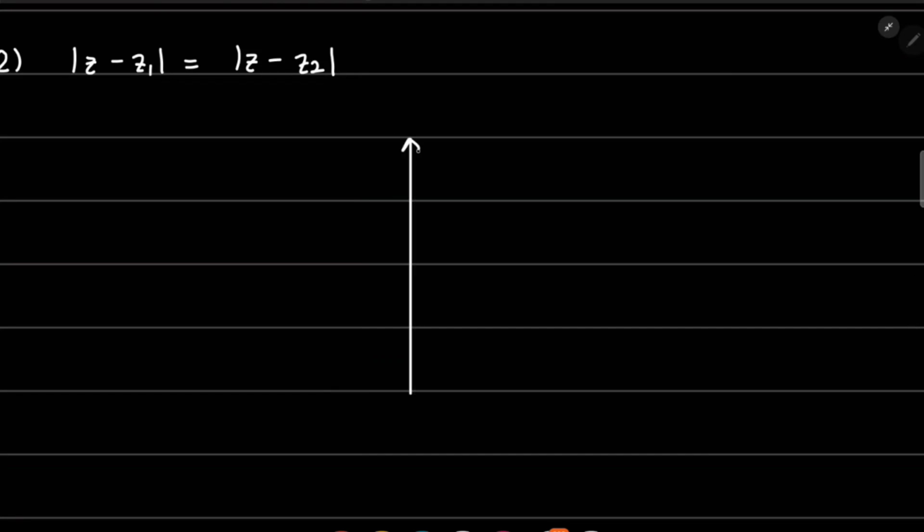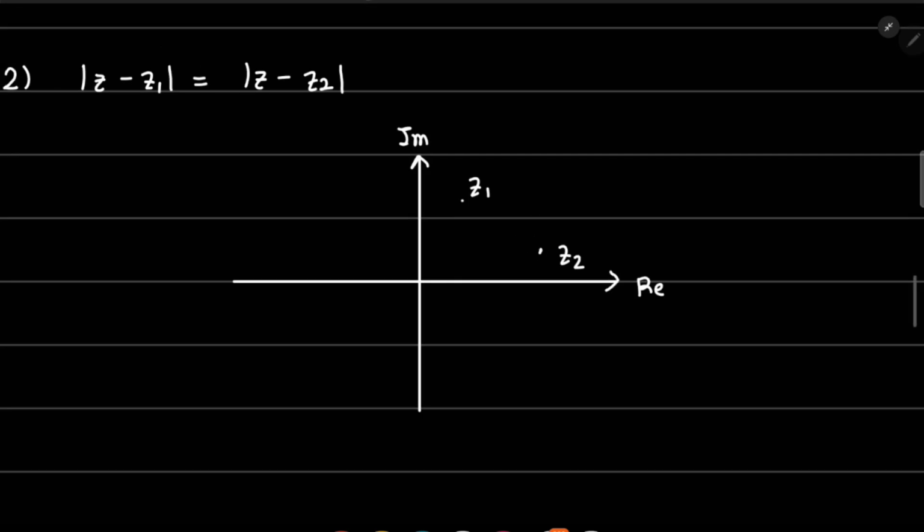So we draw a diagram over here. This is the imaginary axis, the real axis. Suppose z1 is over here. This is z1 and z2 is over here. Now for any z, I want this length, the magnitude of z minus z1, and the magnitude of this blue line, which is the magnitude of z minus z2.